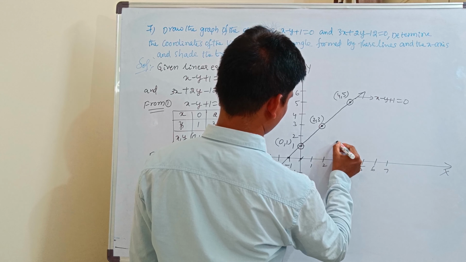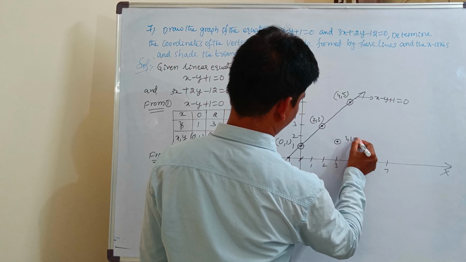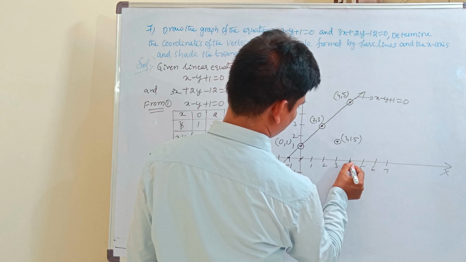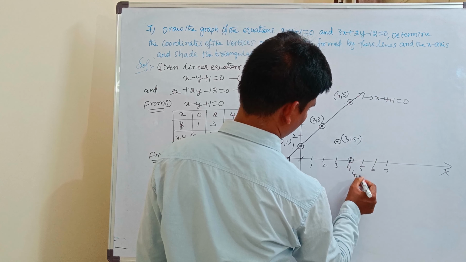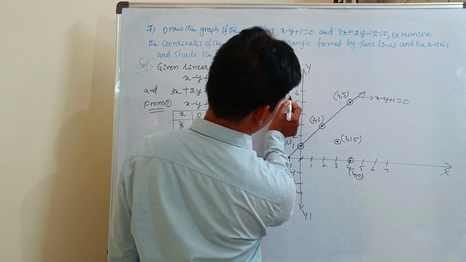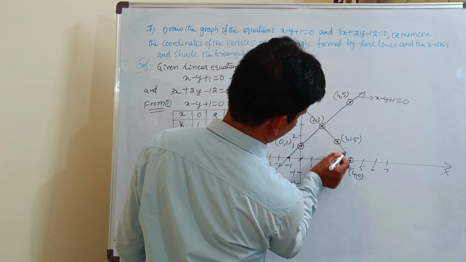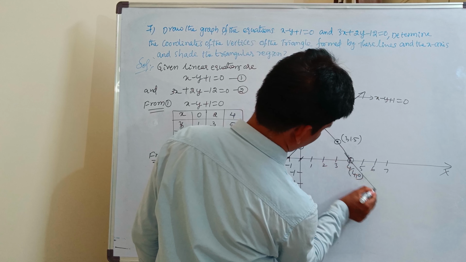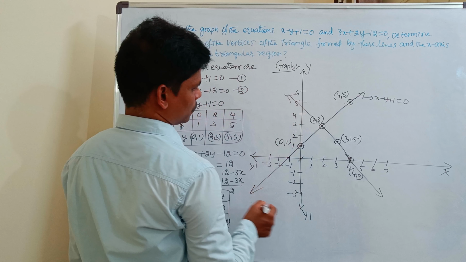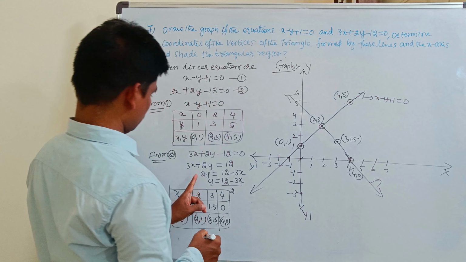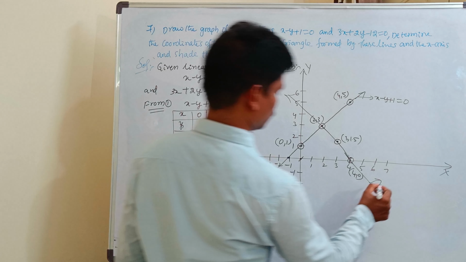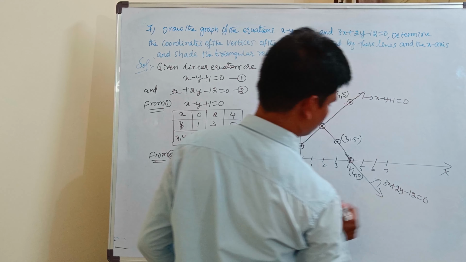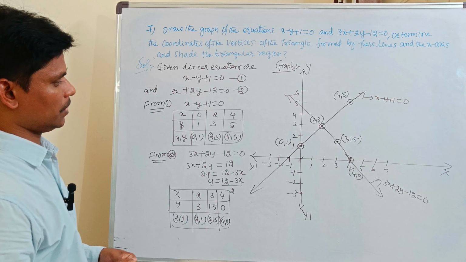Next 4 comma 0, 4 here, 0 here. So join these 3 points. So this line is 3x plus 2y minus 12 is equal to 0.